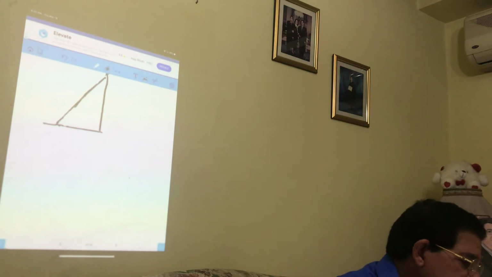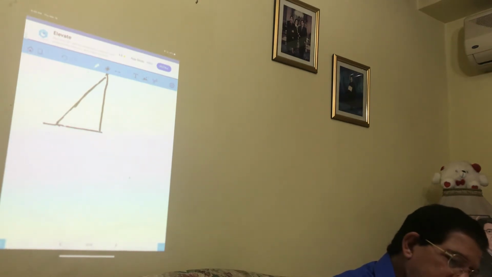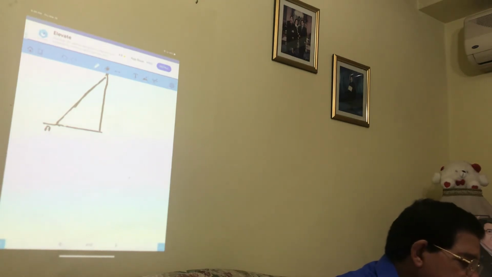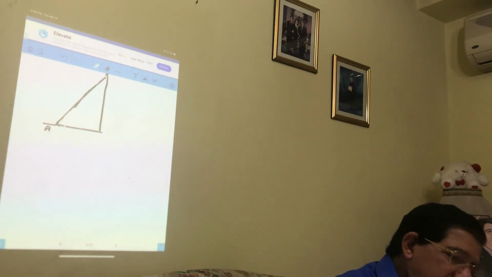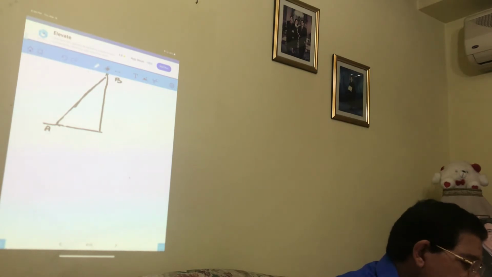It says the ladder of mass M and length 3a has one end A resting on a rough horizontal ground. The other end B is resting on a smooth vertical wall.